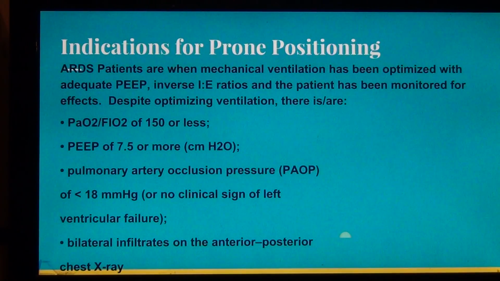Despite optimizing ventilation, there are things that indicate putting a patient in prone position, such as a PaO2 to FiO2 ratio of 150 or less, a PEEP of 7.5 or more centimeters of water pressure, pulmonary artery occlusion pressure of greater than 18, or no clinical signs of left heart failure, bilateral infiltrates on an anterior posterior chest x-ray.